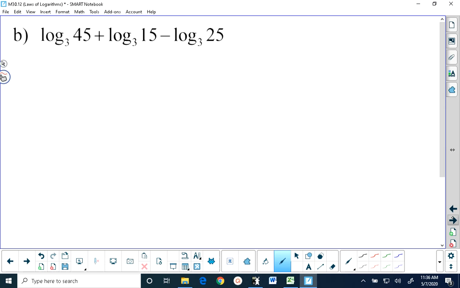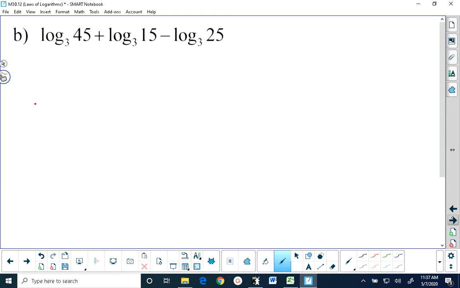What about log base 3 of 45 plus log base 3 of 15 minus log base 3 of 25? 45, 15, and 25 are all numbers that are not powers of 3. So you can't figure out the exponent to which you raise 3 to get 45, or the exponent to which you raise 3 to get 15, or the exponent to which you raise 3 to get 25.